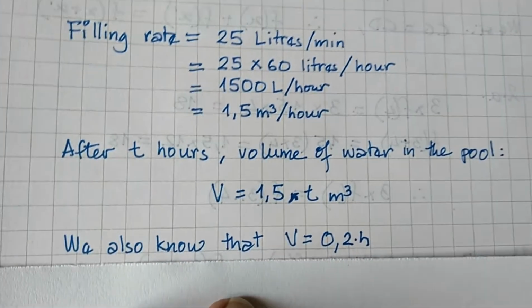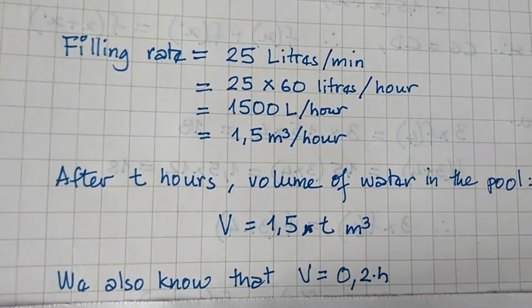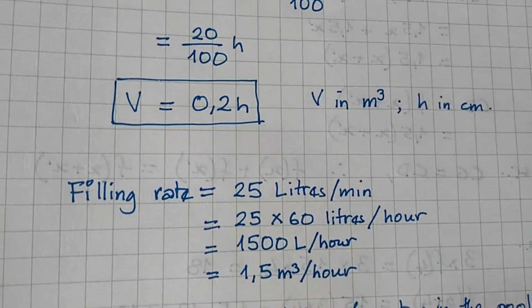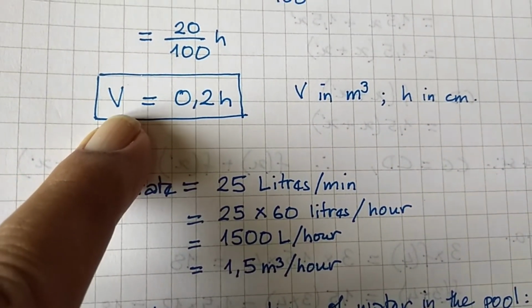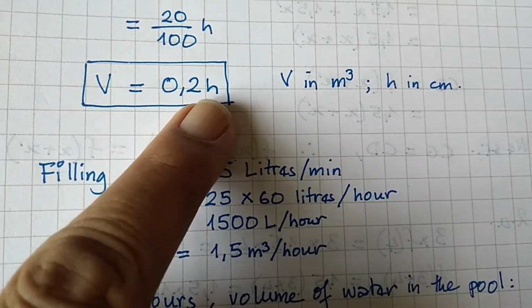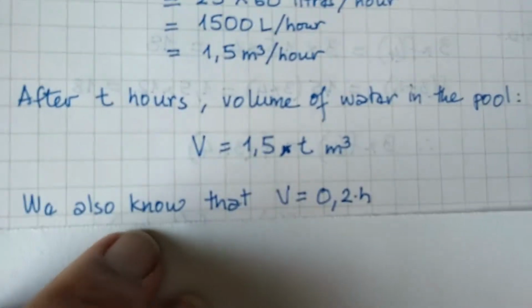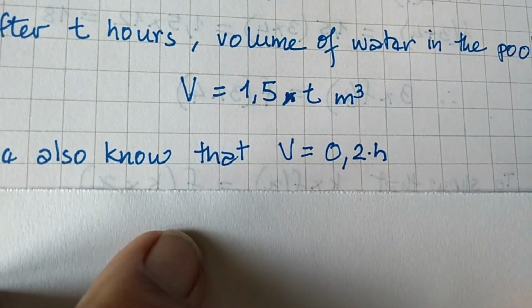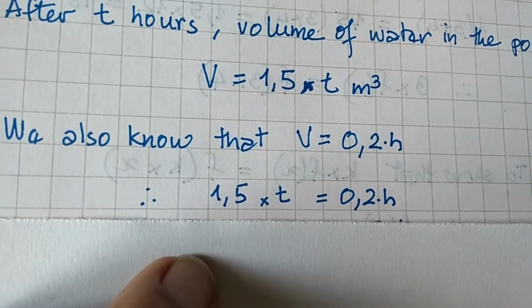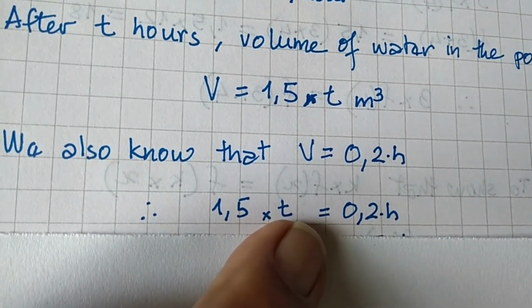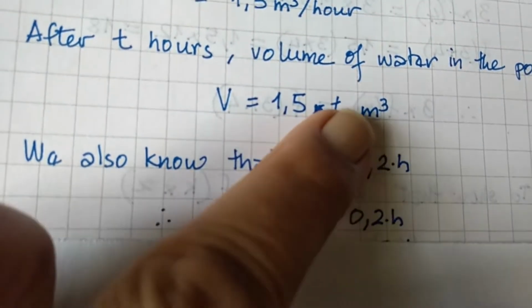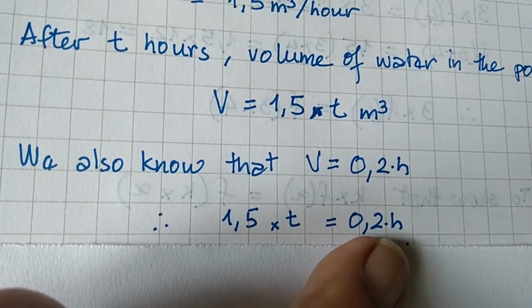Correct. Now we are going to link the height to the volume and to the filling time. So we know V is equal to 0.2 h, and therefore 1.5 into T is equal to 0.2 h.